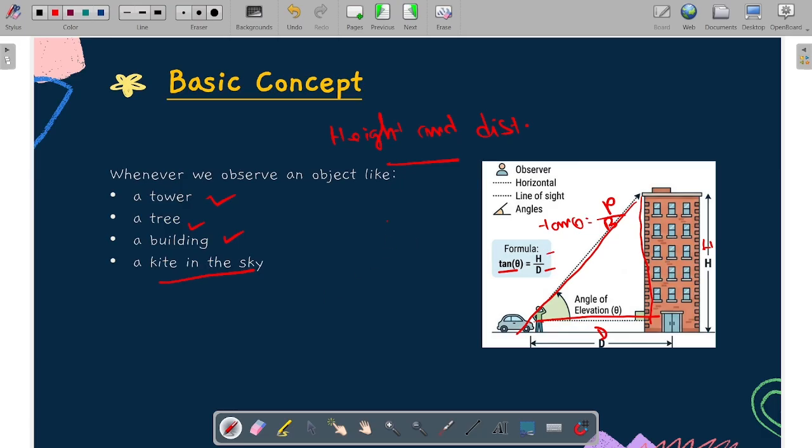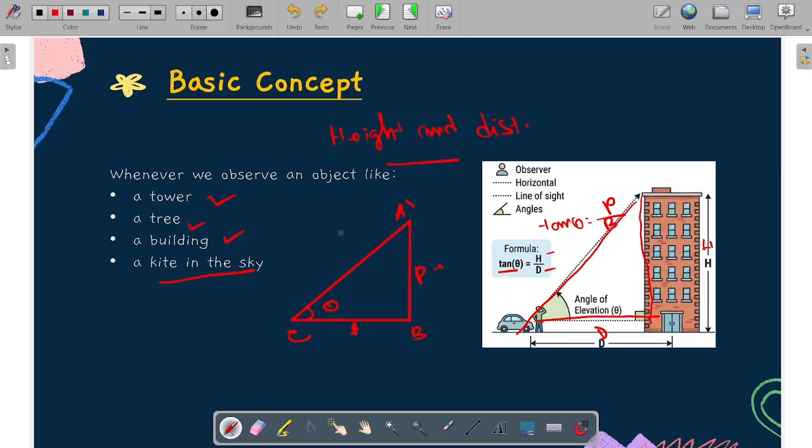Let's see, this is a right angle triangle ABC. This is theta. This is a right angle triangle in which the perpendicular P is the height and this is the base, the distance.